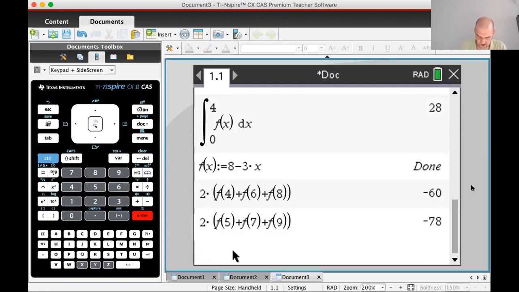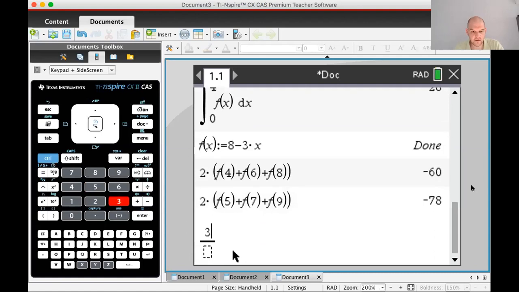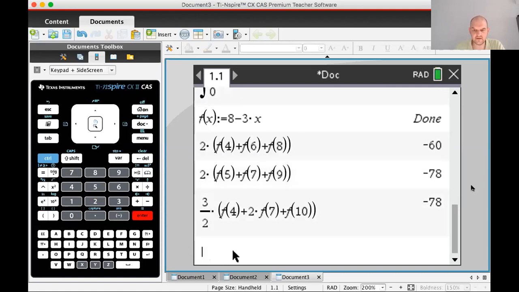So I thought negative 72 would be the answer. So let's see. I'm going to do first trapezoid. So this is C, 3/2. And then you do f of 4, 2 f of 7, f of 10, negative 70, or negative 78.